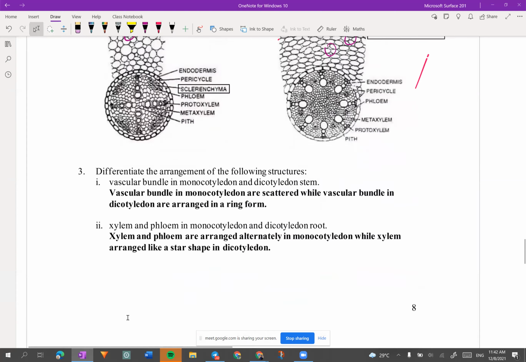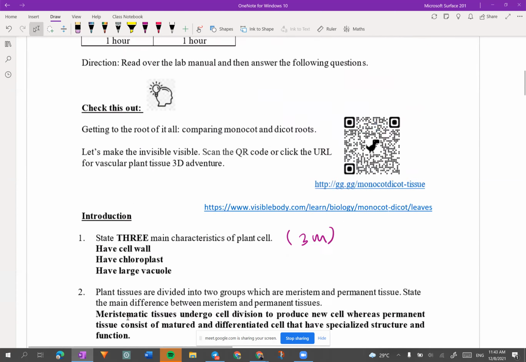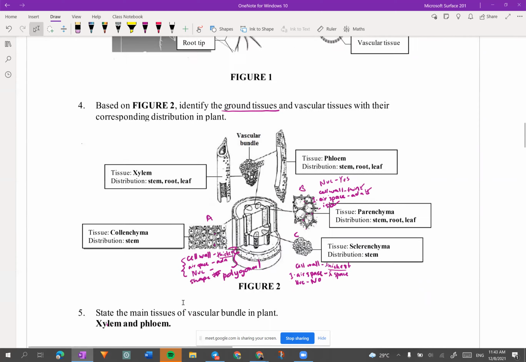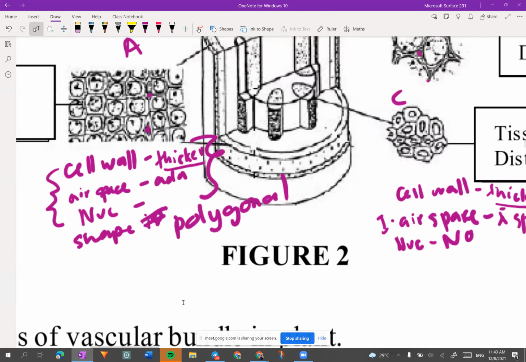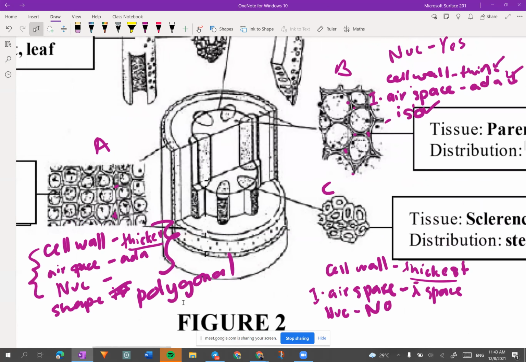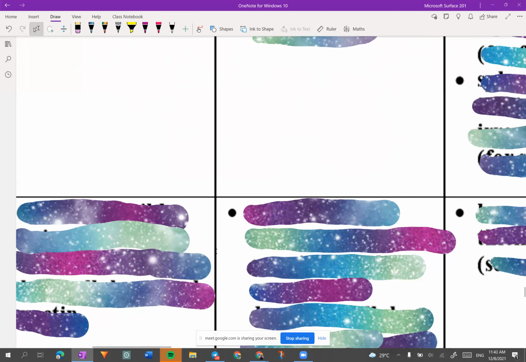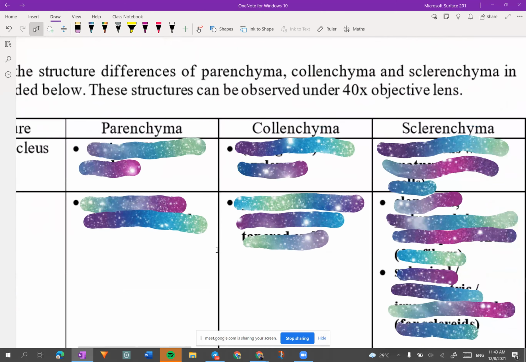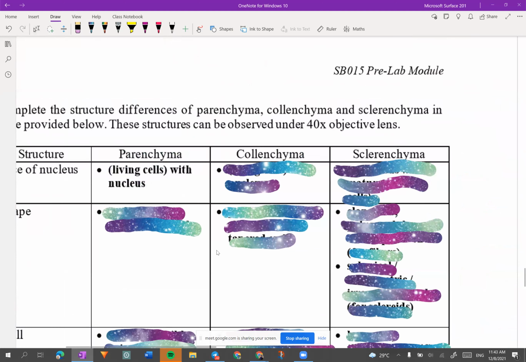Sekejap. Yang ke atas ni tadi. Okay. Does it have any nucleus untuk collenchyma? Yes kan? Okay, so dia ada. Oh, besar sangat. Okay, so ni ada nucleus. Yang ni ada nucleus. Parenchyma ada nucleus ataupun tak ada? No. Okay, no nucleus when matured.